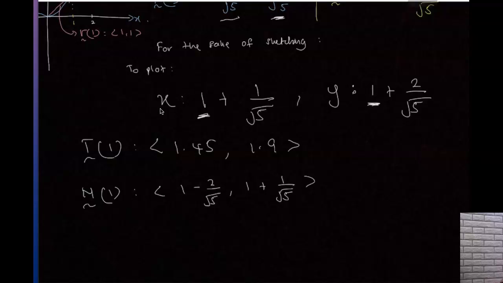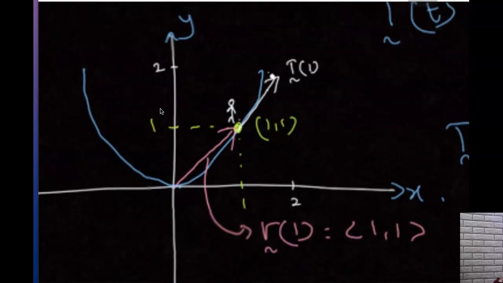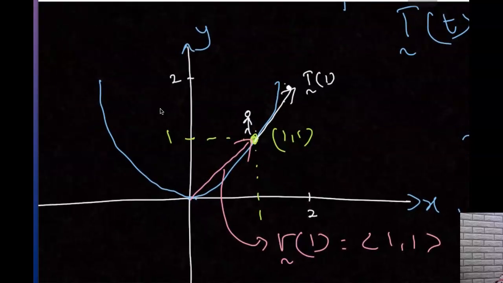And then when we evaluate that, your n will be at 0.1 and your y component 1.45. Okay, so now we want to locate where is the point on our sketch. So 0.1 and then 1.45, so around here.